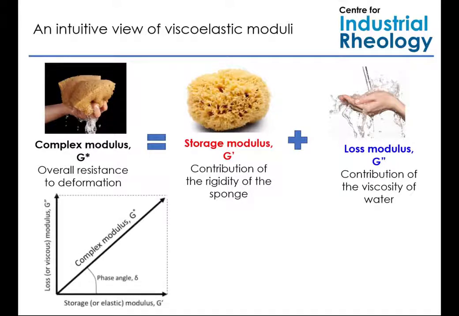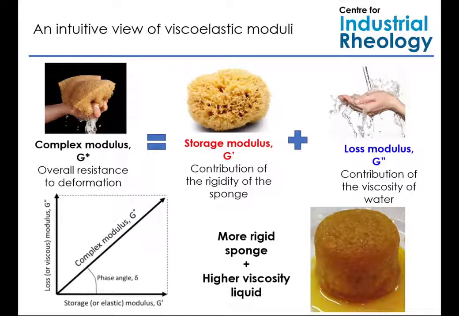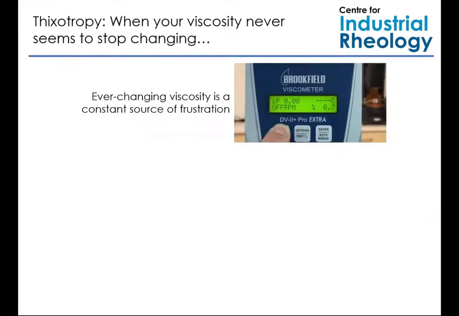The magnitude of the overall resistance to deformation is a result of both the elastic resistance and viscous resistance, as shown by this vector diagram. It's not a perfect explanation, but I hope it gives you a bit more of an idea of the contribution of each modulus, the loss and storage moduli, to observed behavior.